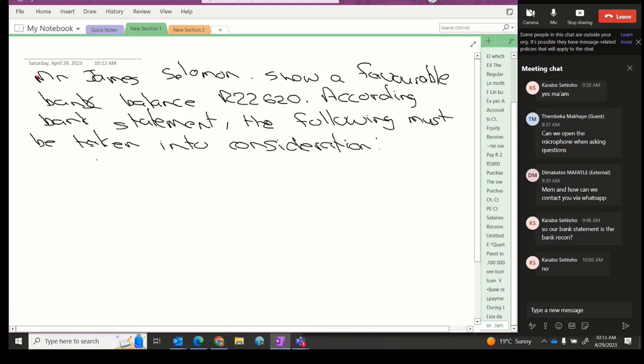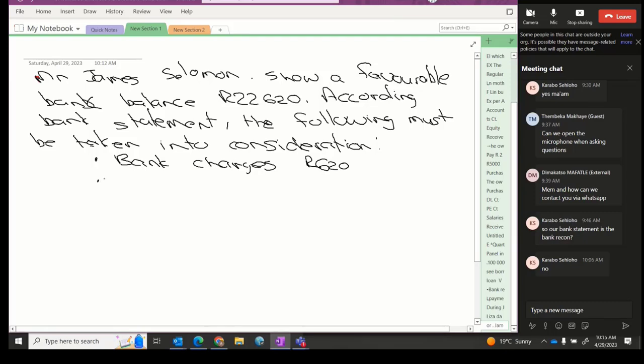Now they say the first one is the bank charges. So they went to the bank statement and they saw these bank charges for 620. That's not in your bank account yet.